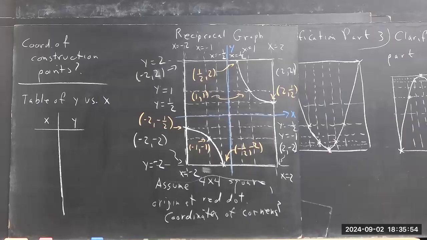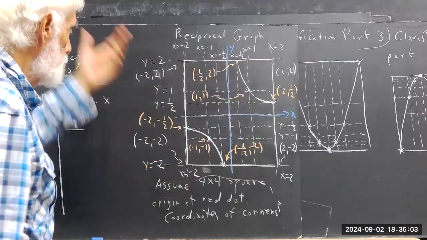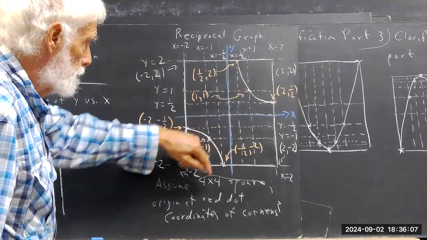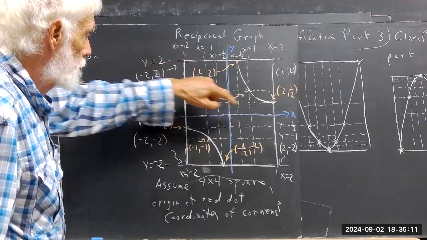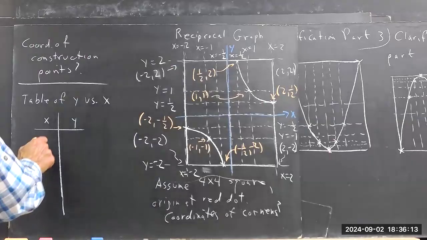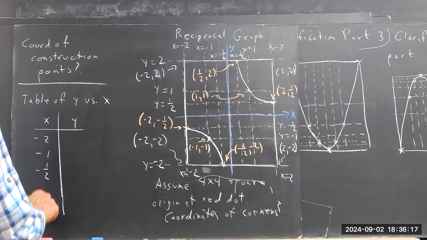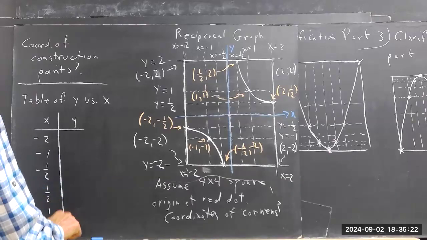Where's my white chunk? Here we go. Table for your y values, with x values from left to right: -2, -1, -1/2, and then 1/2, 1, and 2.